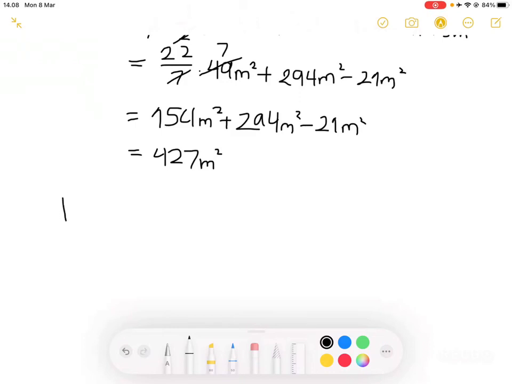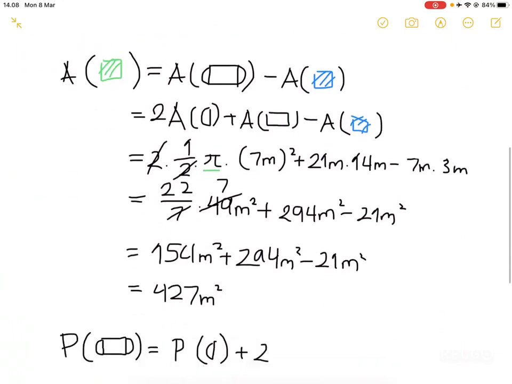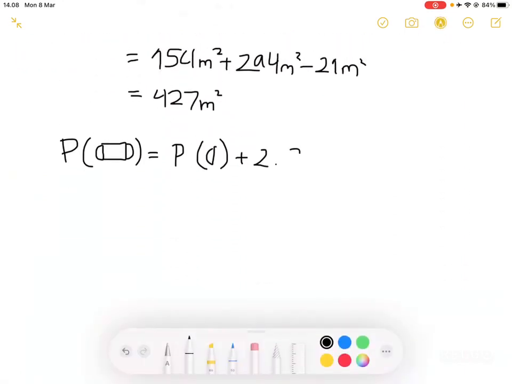So the perimeter of the park will be just the perimeter of this bit right here, which is the arc right there, plus 2 times the side length of the rectangle, which is 21 meters, plus yet another perimeter of a semicircle. However, we can just combine those since we know they're identical.